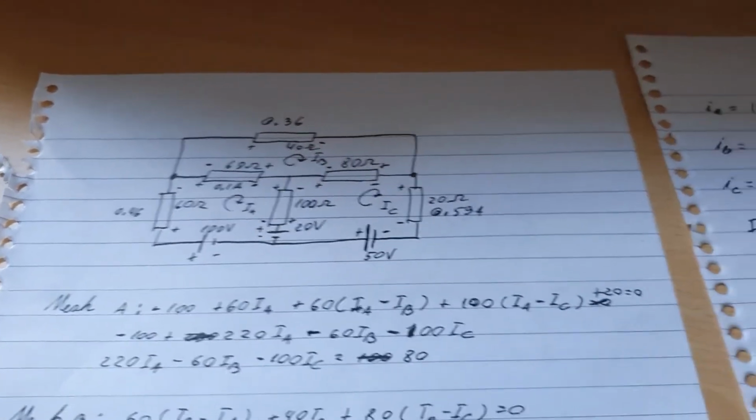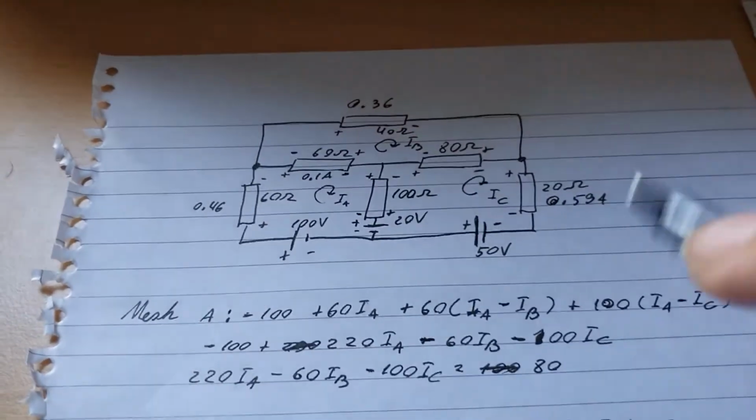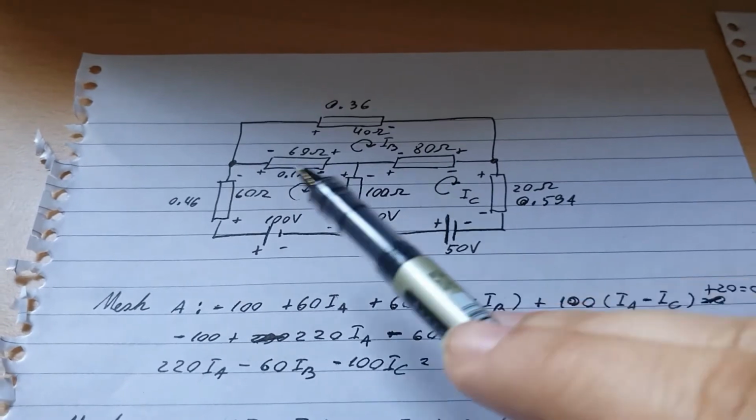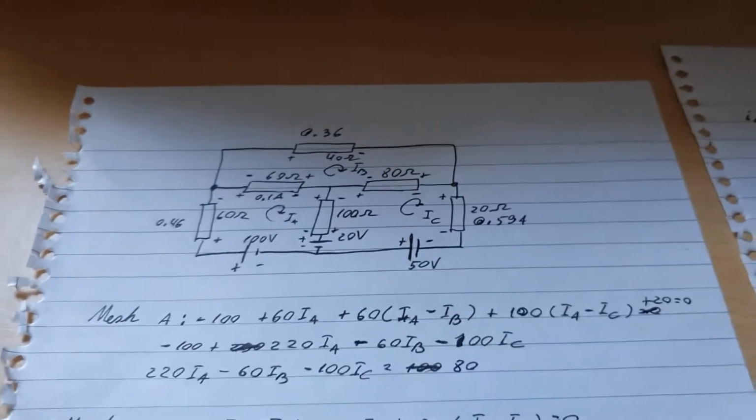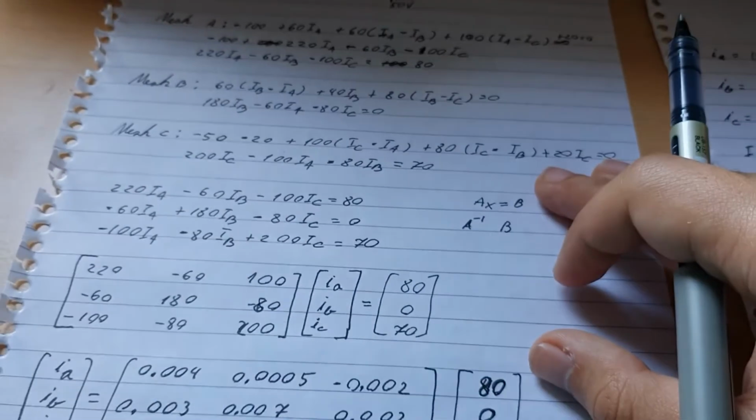To be honest, this circuit's a bit more complicated because of the 3 voltage sources and the 3 meshes, and I think the next one will be something similar to this one but simpler.